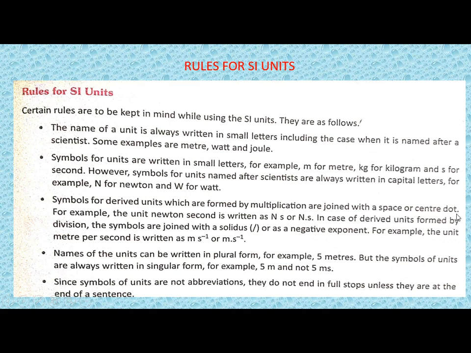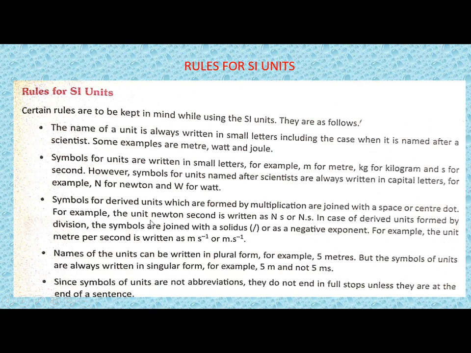We studied that derived quantities or derived units are always dependent on fundamental units and they are made up with the help of these fundamental units. So if derived units are formed by multiplication, then the units are separated with a space or there is a center dot.